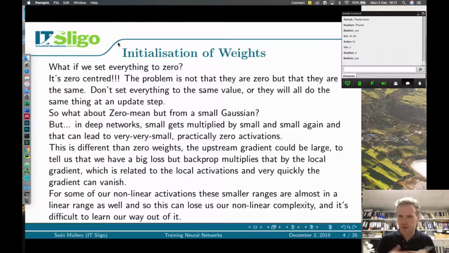But if you're working from scratch and you want a network to learn, you're going to have to initialize the weights to something. The first assumption people make, and a lot of machine learning techniques would have used, is to just initialize all the weights to 0 and work from there. This sounds fine, it's zero centered, but the problem is not so much that all the weights are 0.